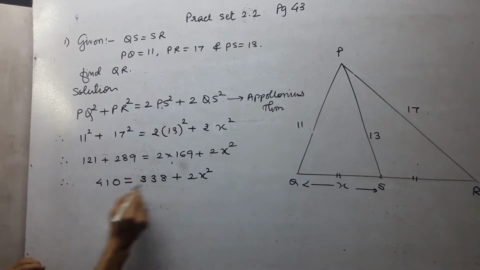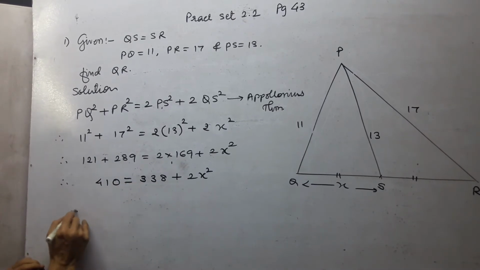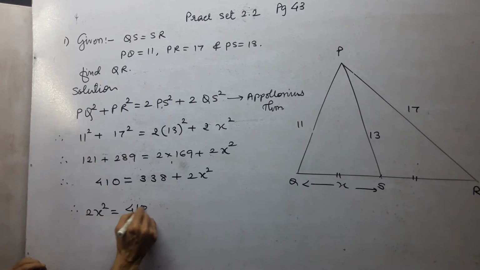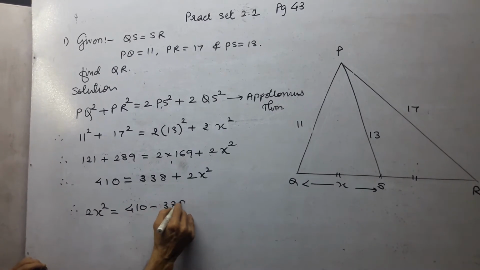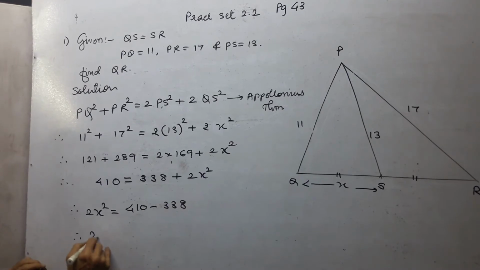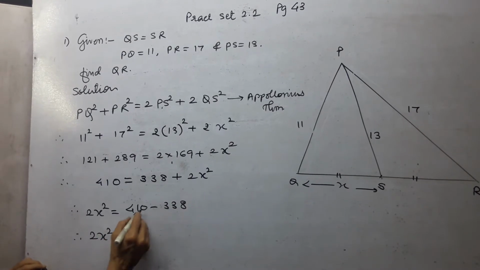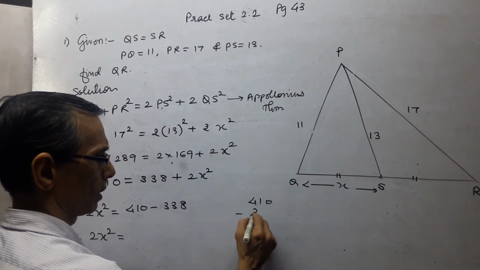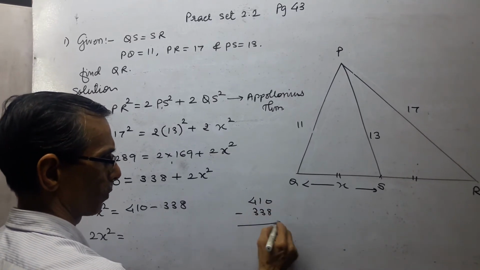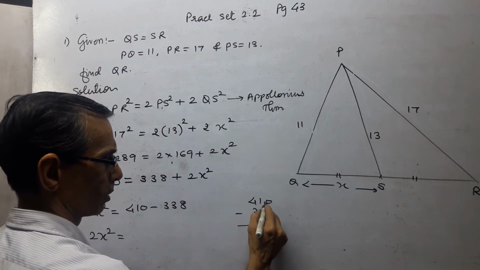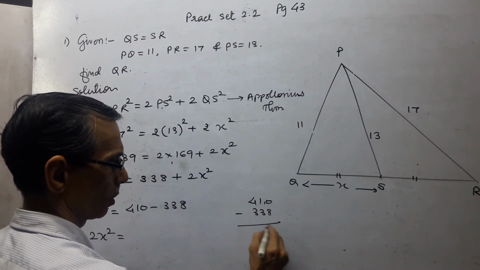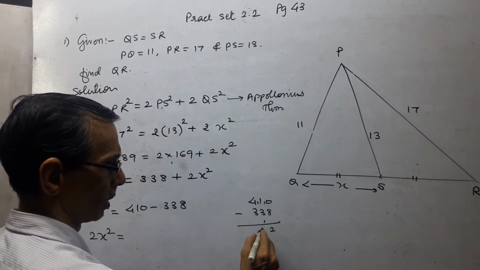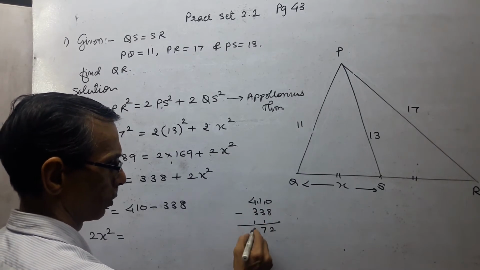Now take 338 this side, and we get 2x square is equal to 410 minus 338. We are subtracting, so borrow 1, 10 minus 8, 2. Borrow 1, 11 minus 4, 7, and 0, so 72.